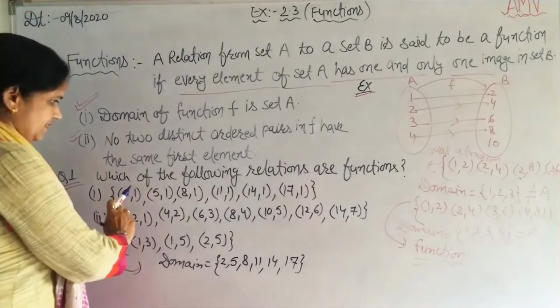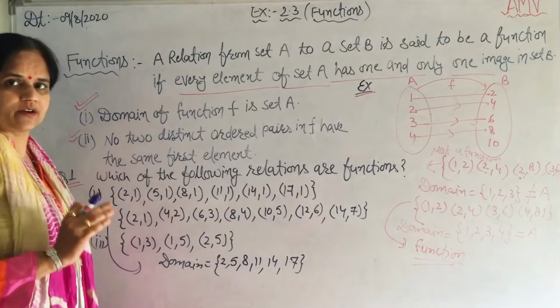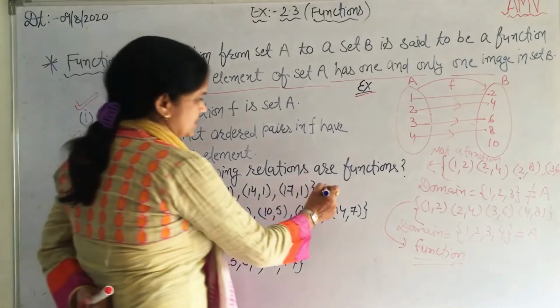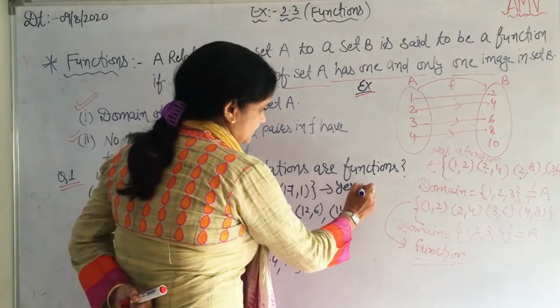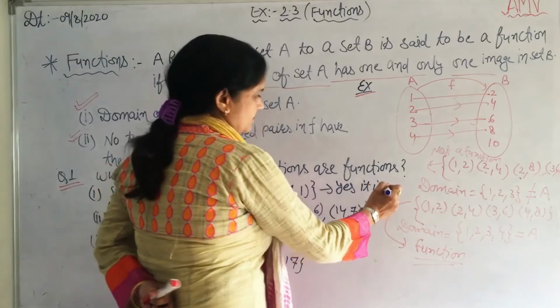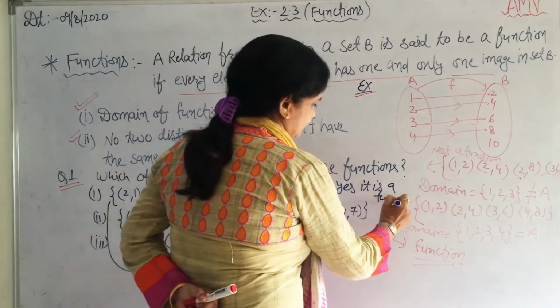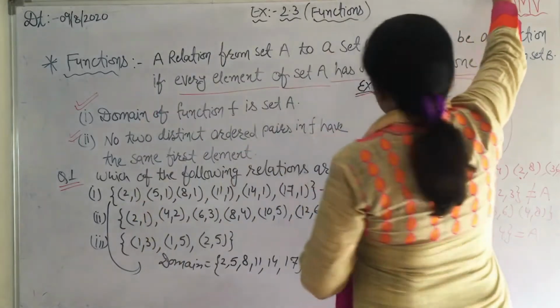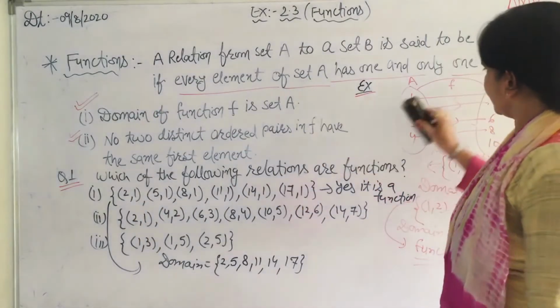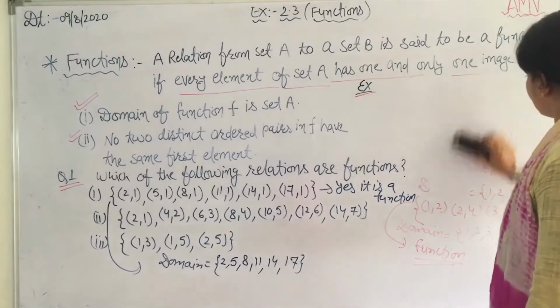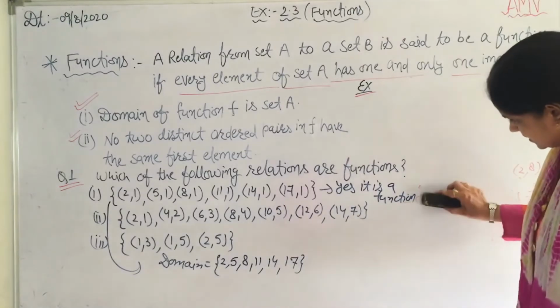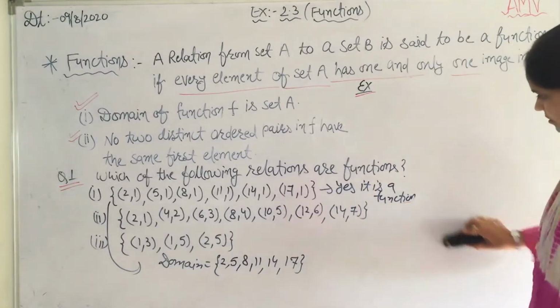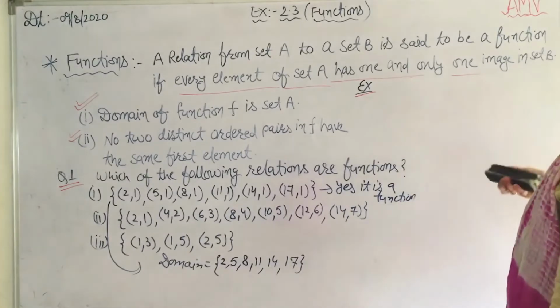So students, this is the first part of question 1. Yes, it is a function. You keep in mind these two conditions to determine whether the given relation is a function or not a function.